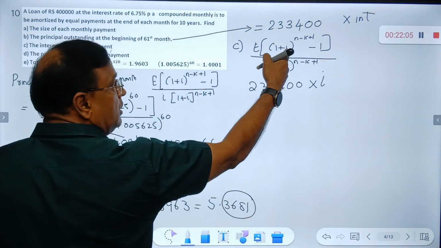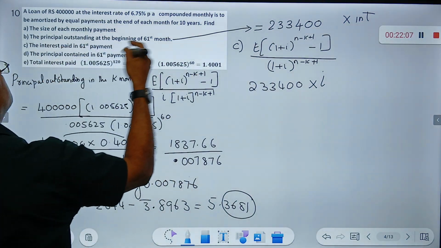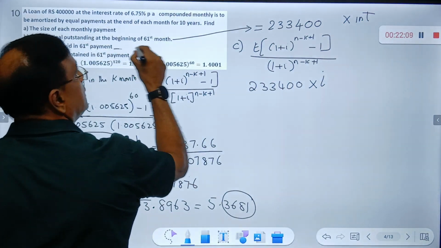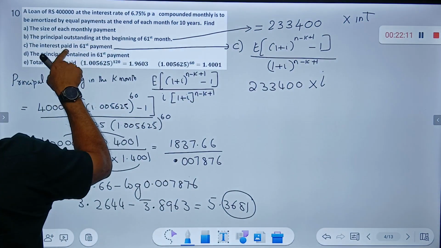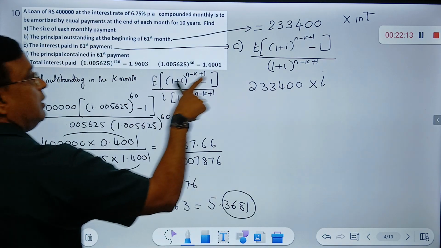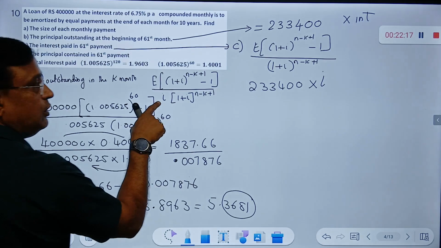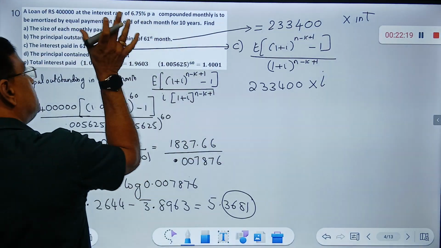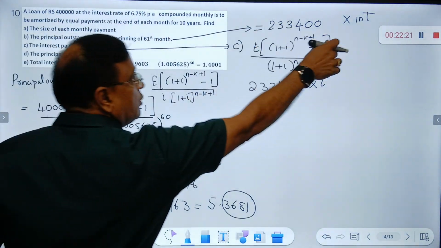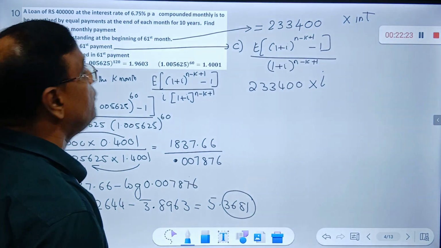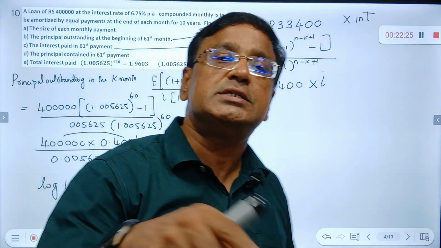See, this is the formula for finding the third subdivision. Interest paid in the 61st month is the principal outstanding in the 61st month into the rate of interest. The principal into rate of interest will give you the interest paid in the 61st month.